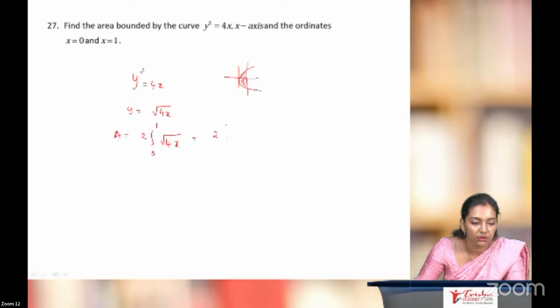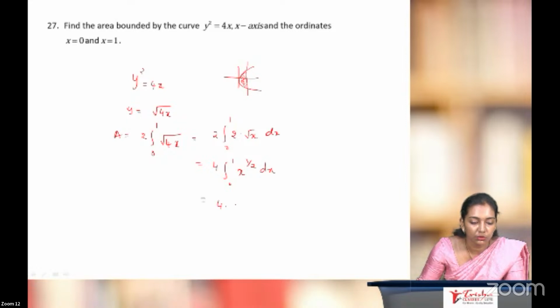So integral of root of 4x from 0 to 1. Root of 4 is 2, so 2 root x. Further you can write it as 4 times the integral from 0 to 1 of root x, that is x to the power 1 by 2. Now you start the integral.